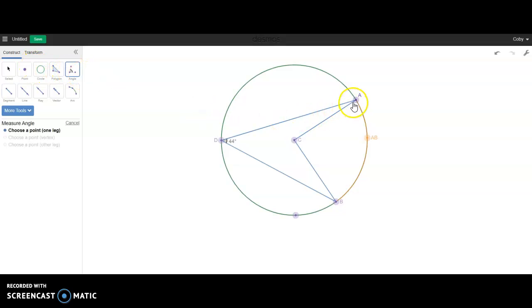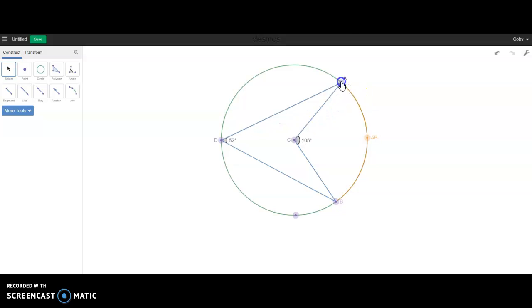So I use my angle tool, and it is 87 degrees. I can move this around, and it's going to change all those degrees. I want to get nice even numbers so that we can see the relationship here. Inscribed angle ADB is 53 degrees.